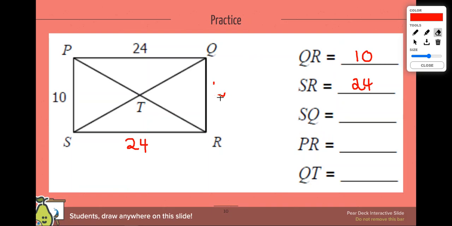Now the difficulty comes when we're trying to find SQ. SQ is the length of one of the diagonals, right? Let's take a look at that.